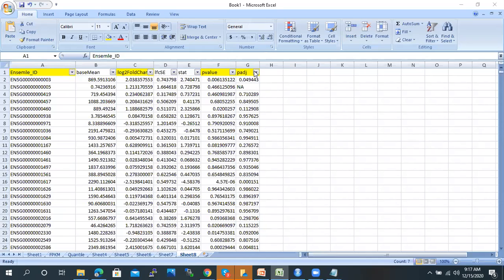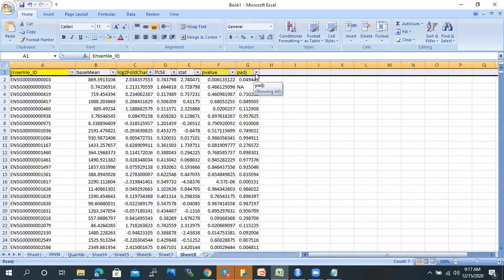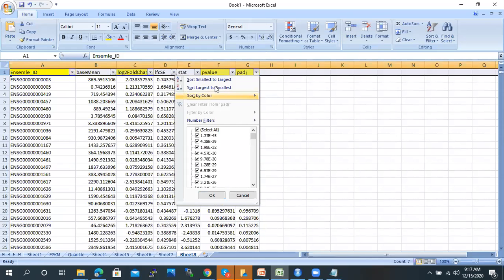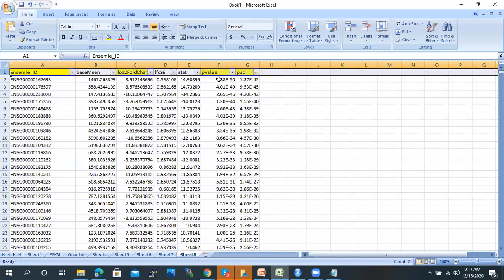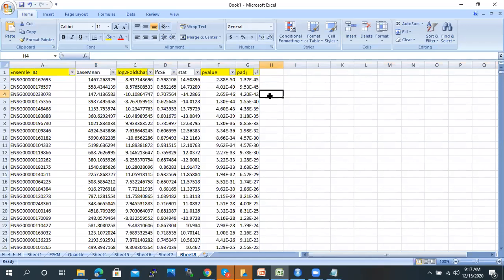You can always sort your genes based on this. As there are multiple samples, the smaller the p-value, the more significant the difference. The p-value represents the probability of getting a particular result by chance. So 0.05 means only a 5% chance that you obtained the difference by chance. The lower the p-value, the more significant the difference.